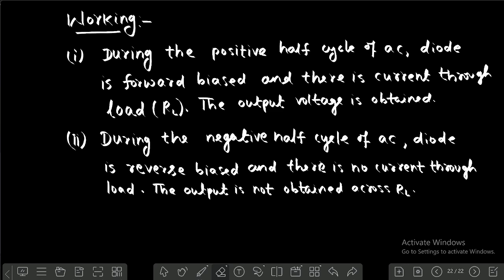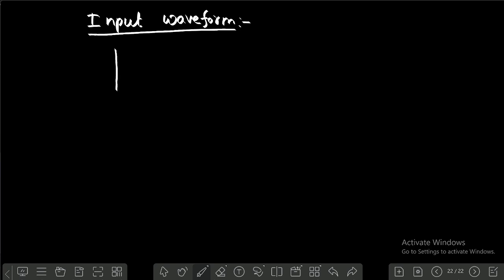Now that same thing, whatever we told about input and output, let's draw that diagram. So the next point is input and output waveform. First write input waveform. Waveform means the diagram for that current, current versus time or voltage versus time. You take the voltage versus t diagram.